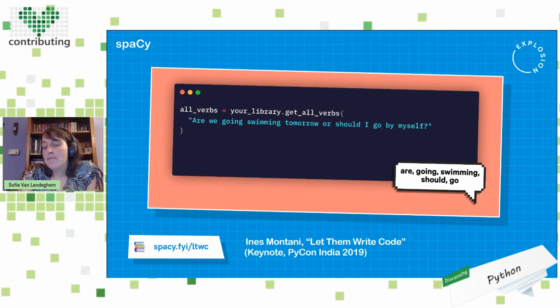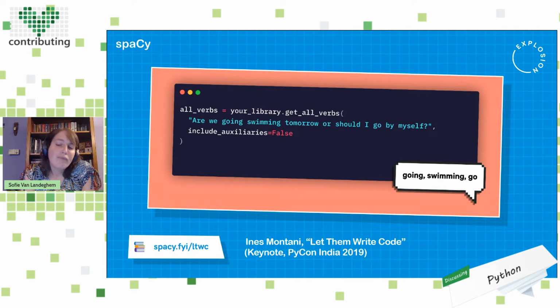But then maybe some user says, well, that's fine, but some of these verbs are auxiliary verbs. I'm not so interested in those. Let's add a Boolean flag to remove those from the results. Sure. Another user comes along and says, well, going and go are really two inflected versions of the same verb, to go. So maybe I just want to see the base form of those words.